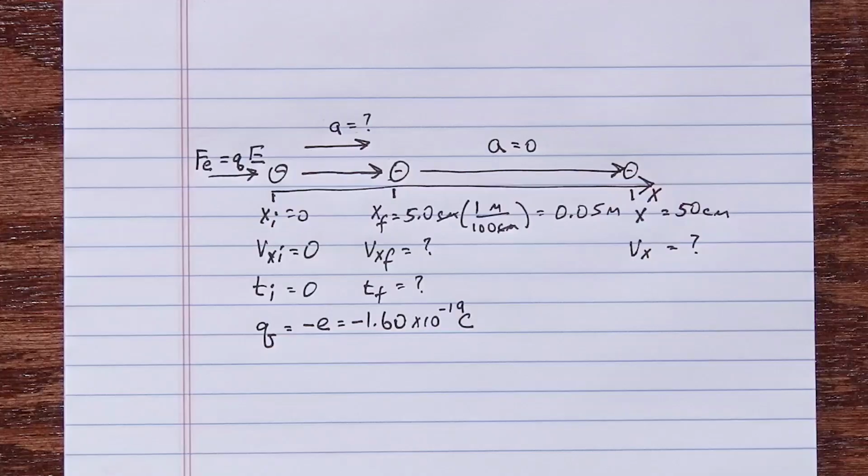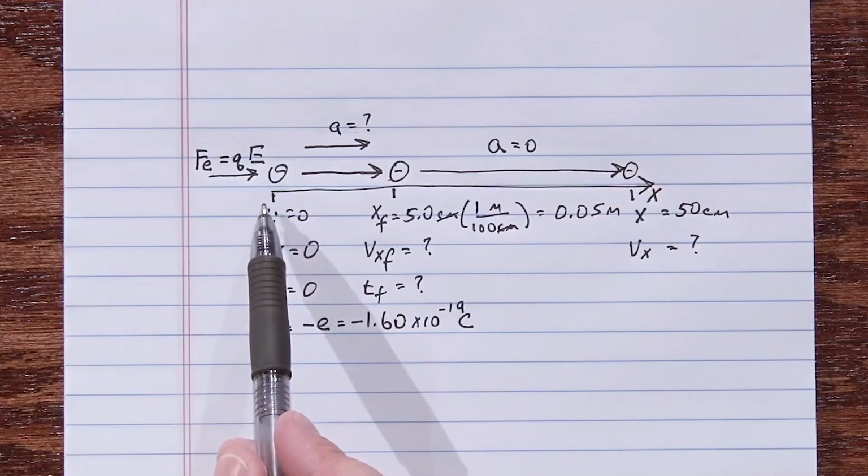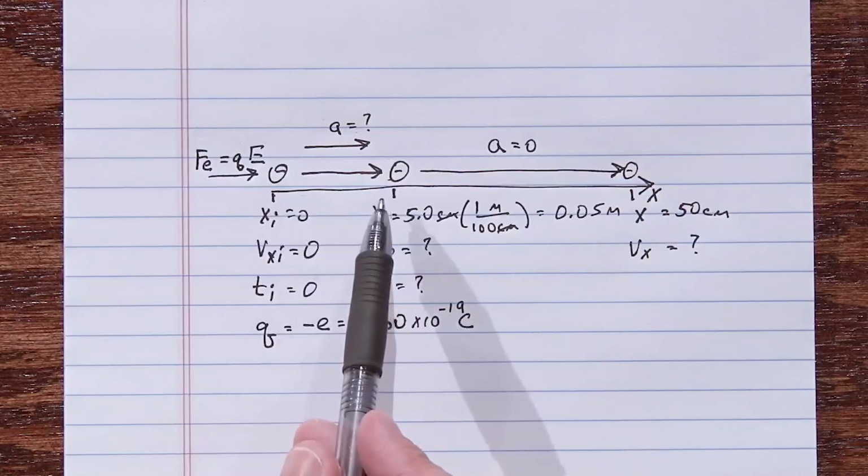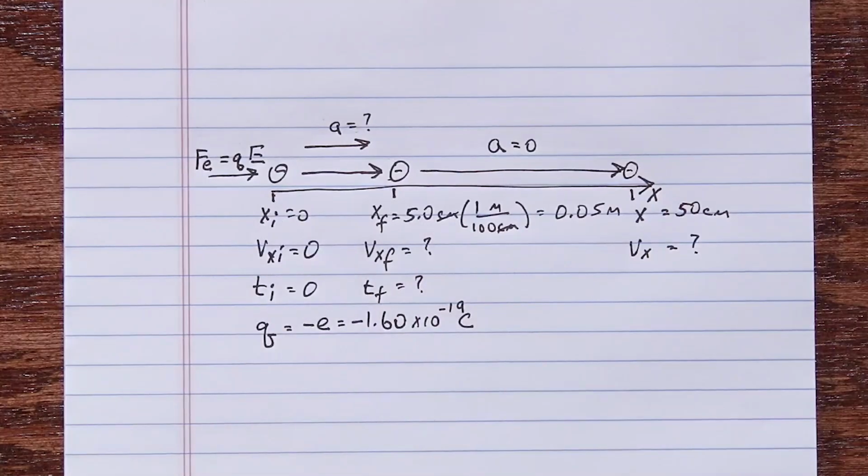Okay. Well, we have here a kinematic situation. We have an electron that is moving. So we will use our kinematic equations that we learned in Physics 191, and we have to pick the kinematic equation based on what we don't know and don't need to know.